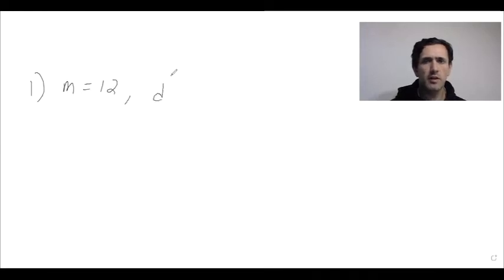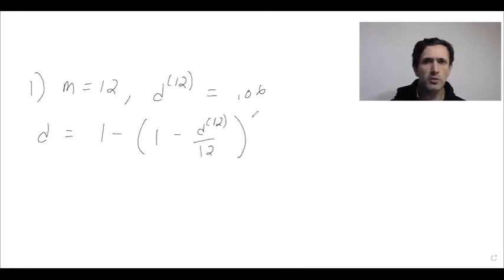We're given the nominal monthly discount rate is 0.06. So let's get the equivalent effective annual discount rate d. Plugging into the formula, it's 1 minus d12 over 12, raised to the 12. We know d12 is 0.06, so we throw in 0.06.